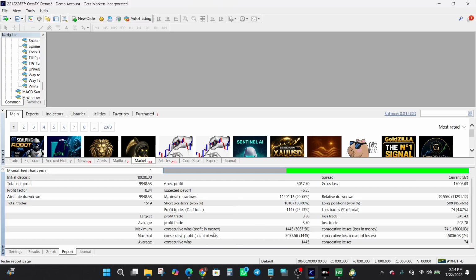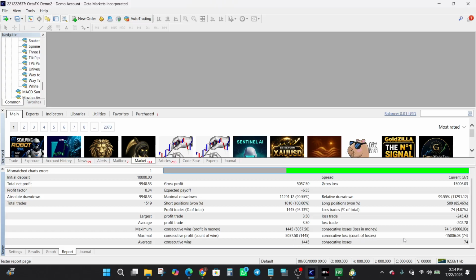Now, looking at the maximal consecutive profit, the maximal consecutive profit was 8,445. So what that means is that the whole 1,445 trades seem to happen consecutively, and that generated only $5,057.5.